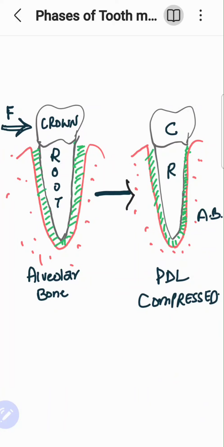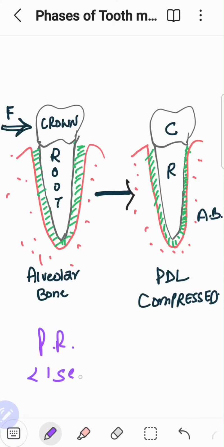Whenever some force is applied, there must be some kind of physiological response which can be noticed in the tooth movement. So, in less than 1 second, what type of physiological changes take place? At that time, the periodontal fluid is incompressible, which means it cannot be compressed itself.